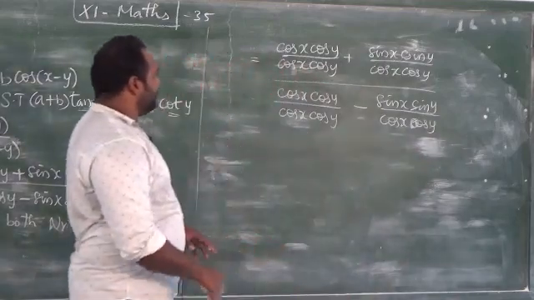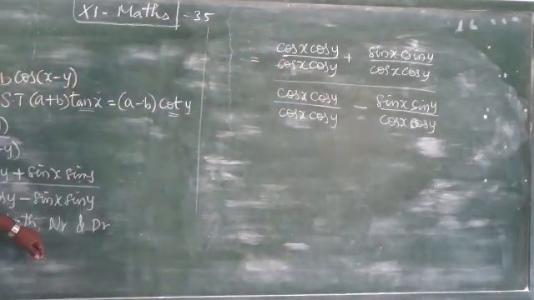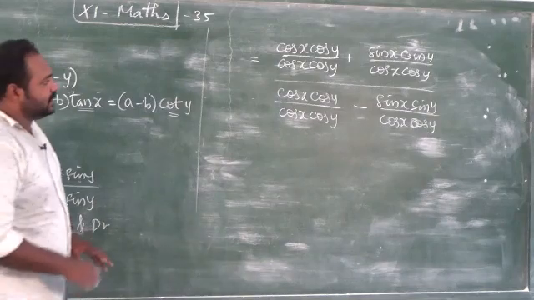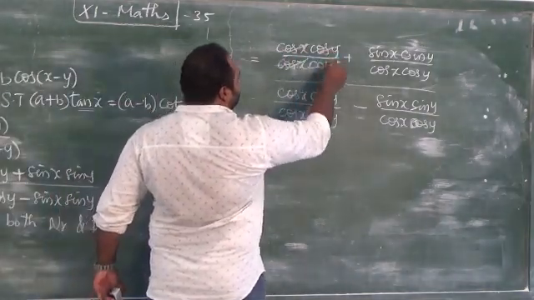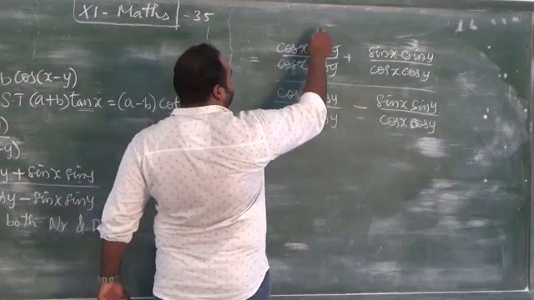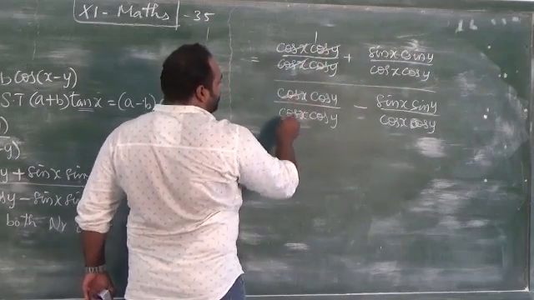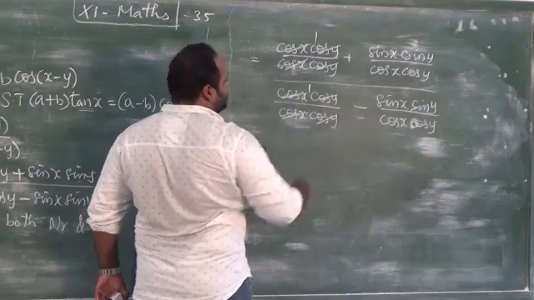So I have divided by cos x cos y throughout. Here we have some cancellation, cos x cos y, remaining 1.